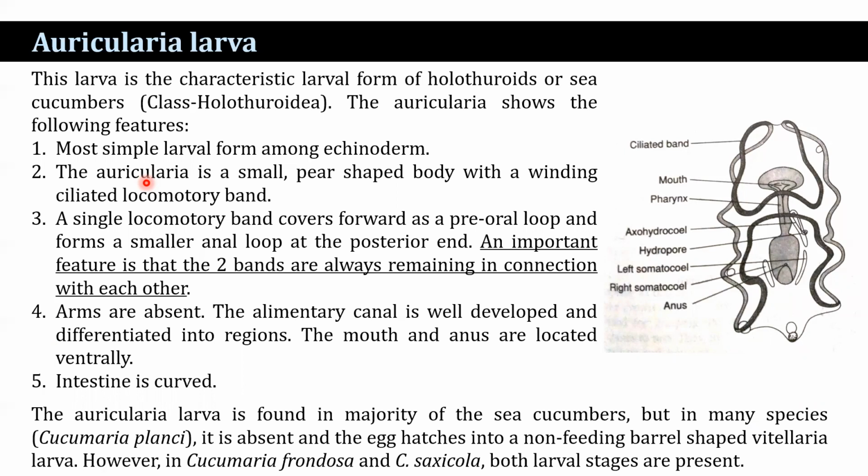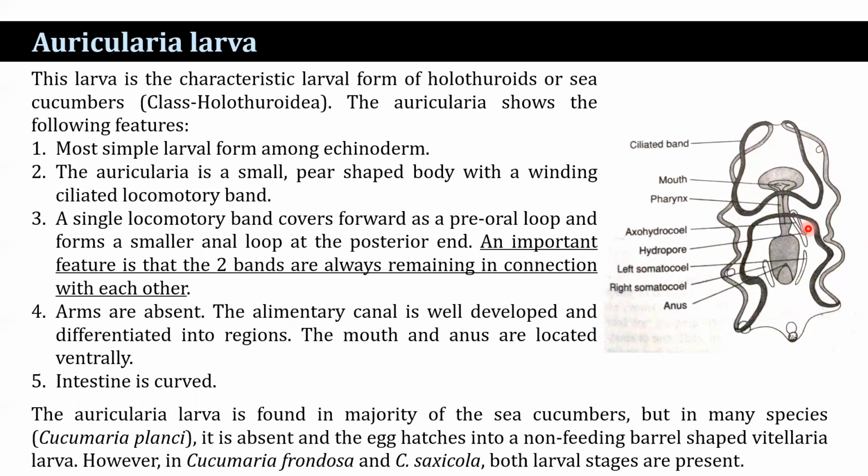The auricularia shows the following features. It is the most simple larval form among echinoderms. The auricularia is a small pear-shaped body with winding ciliated locomotory bands. A single locomotory band covers forward as a preoral loop, and forms a smaller anal loop at the posterior end.